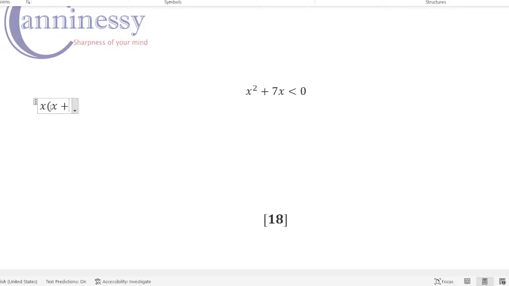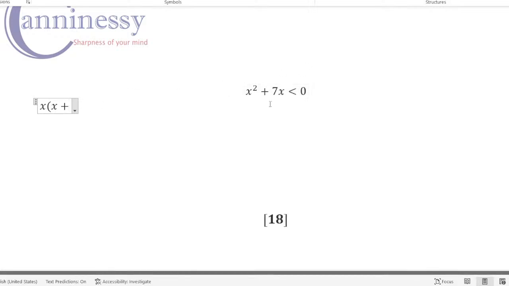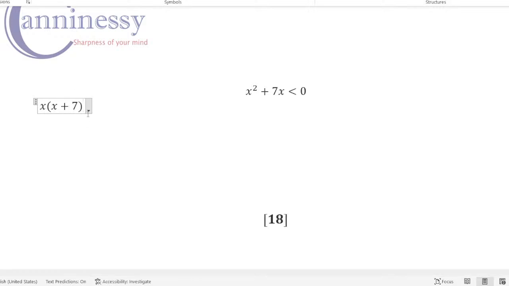Then plus, because we have a plus sign, 7x divided by this x outside the bracket will leave us with 7. Close brackets, is less than 0.